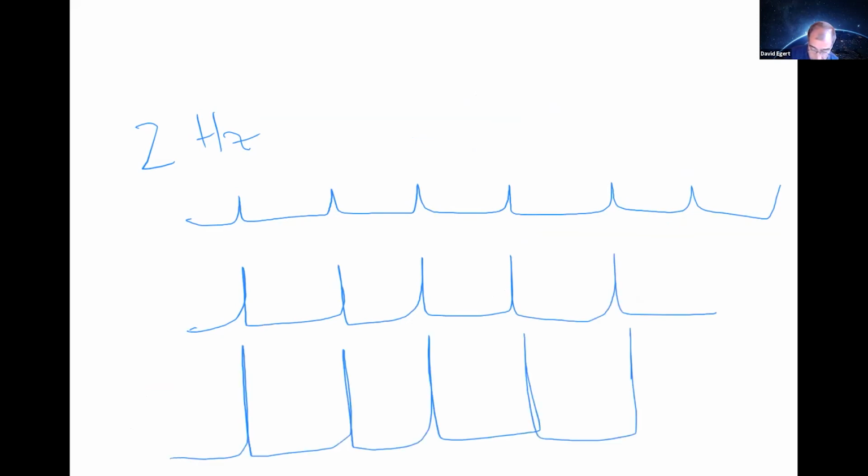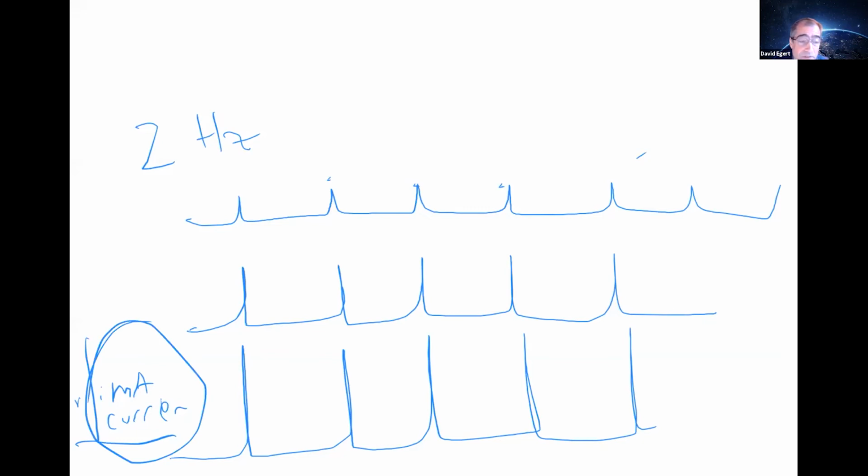So the magnitude in milliamps is very different than the frequency, how often the pulse is happening. Right, and so our sensory threshold is the minimum current, the minimum number of milliamps in any particular condition that you can just barely feel.